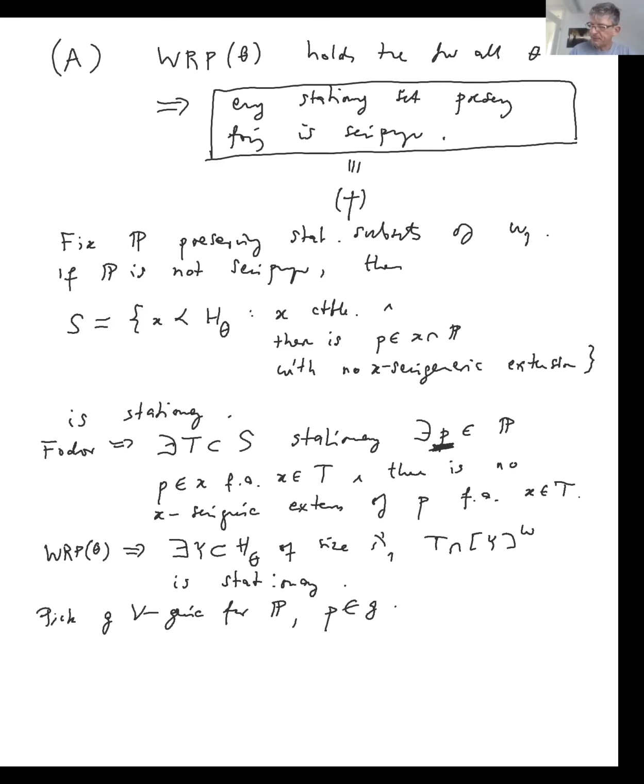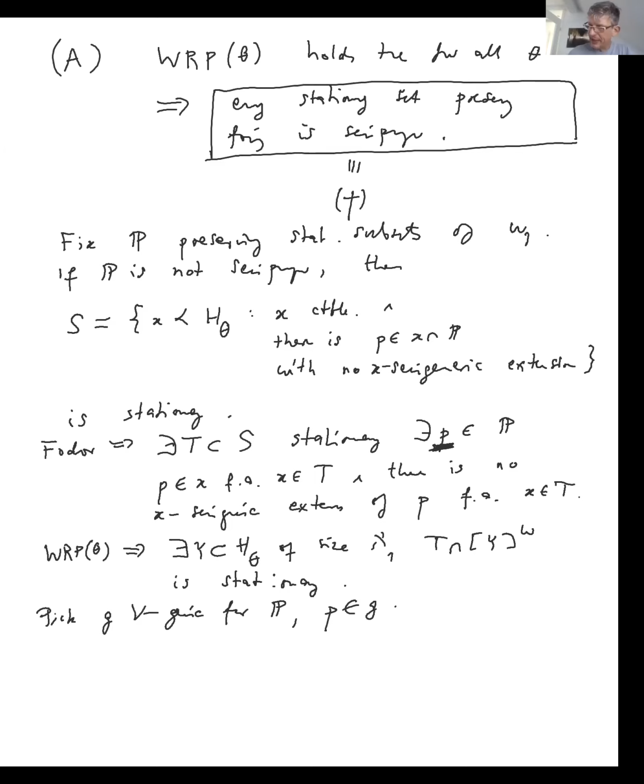Okay. So the forcing P preserves stationary subsets of omega 1. And the point is that we found a restriction of T to a set of size aleph 1, so that we can construe this restriction, T intersect Y to the omega, as a stationary subset of omega 1, so we preserve its stationarity.